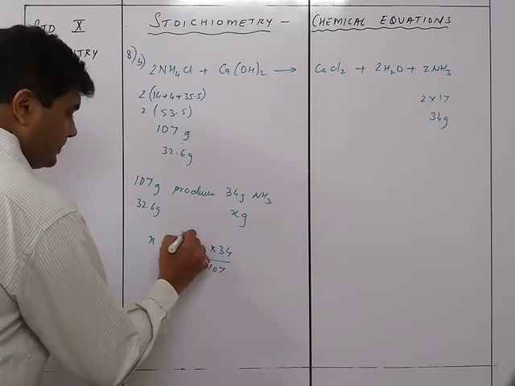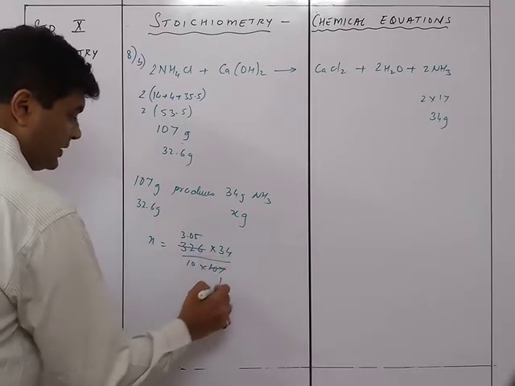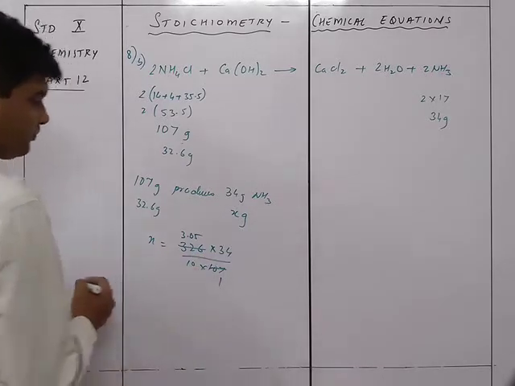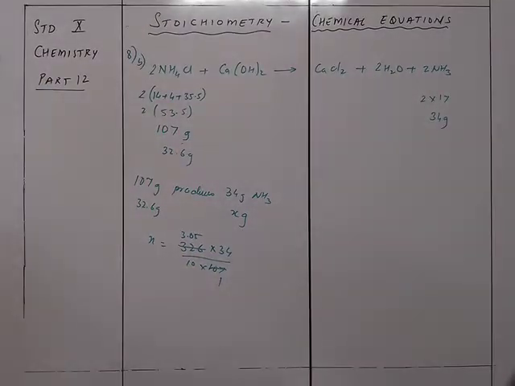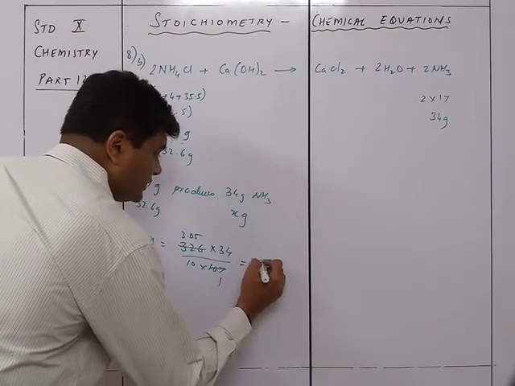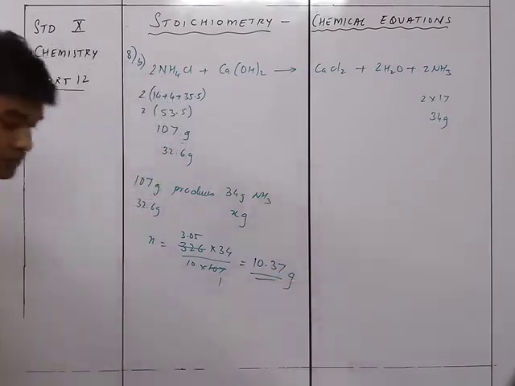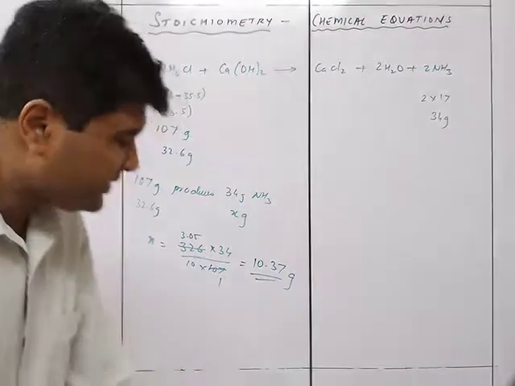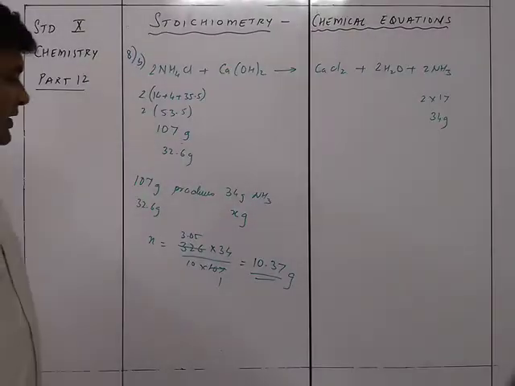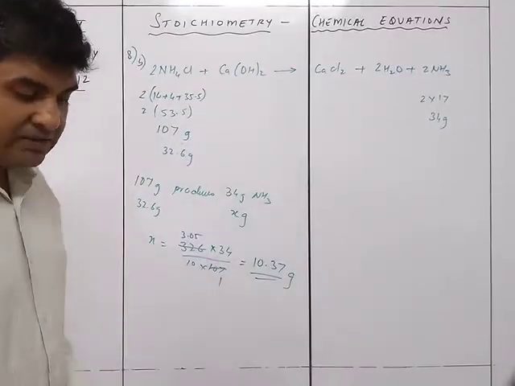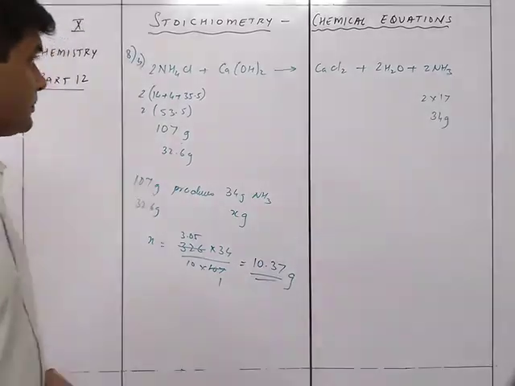We'll take it as 3.05 and this as 1, and then it is going to be 34 into 3.05. So 3.05 into 34 is 103.7, so it will be 10.37 grams. Okay, so 10.37 grams is what will be the answer for the second part.